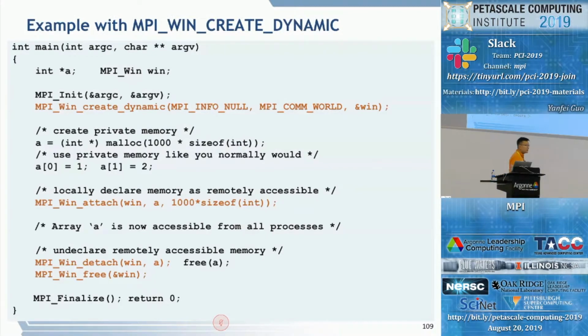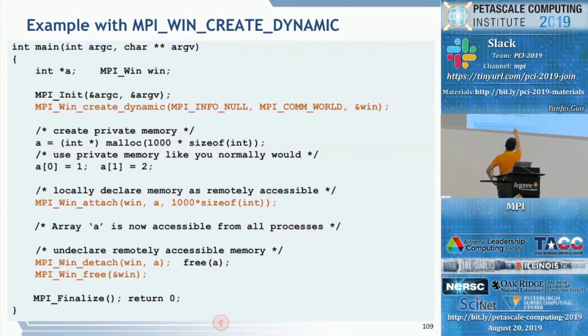Yeah, the question is whether you can only attach once. The answer is you can have multiple buffers. But for one buffer you can only attach it once, right? Because if it's already attached, there's no point in attaching it again.